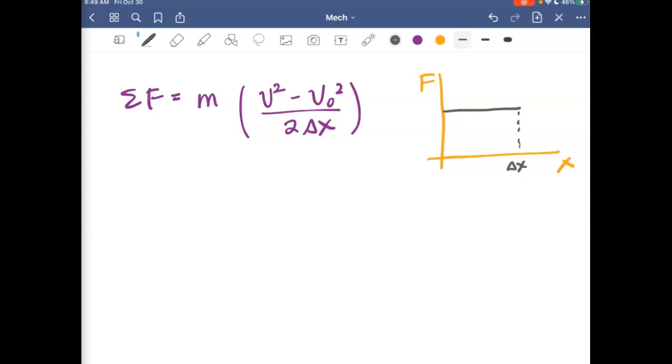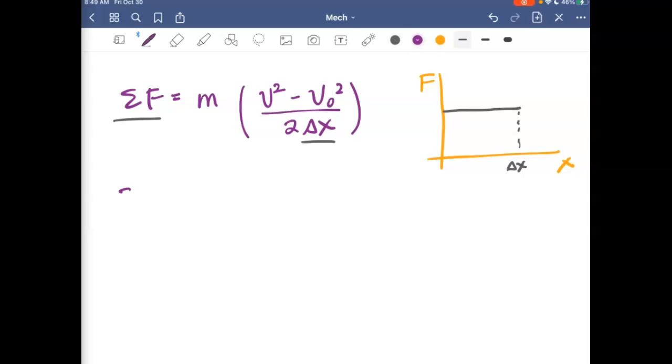And we love a graph, because graphs tell us a lot of information. What I see here is that this net force and this change in position can be related to each other.